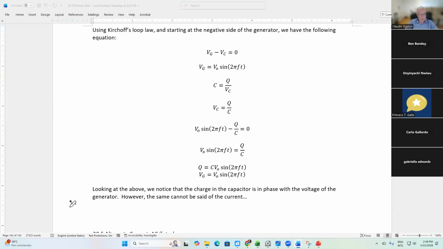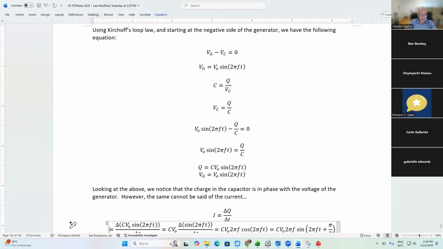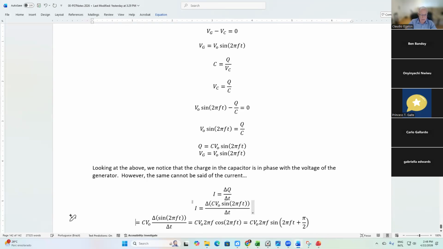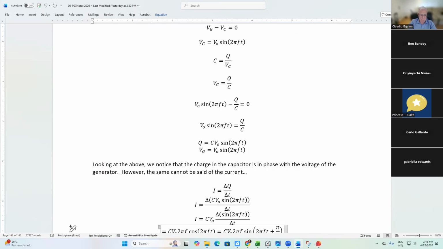Because you have delta Q over delta T, the current is going to be out of phase with respect to the voltage. In order to prove that mathematically, we have to do differential calculus, but I'm not going to ask you to do that here.